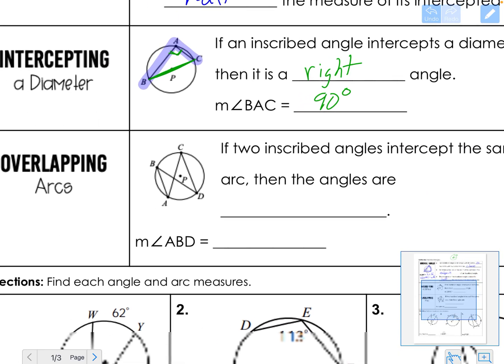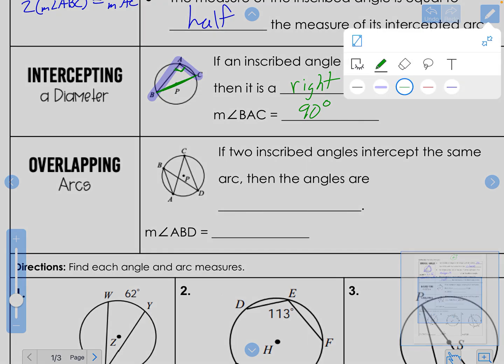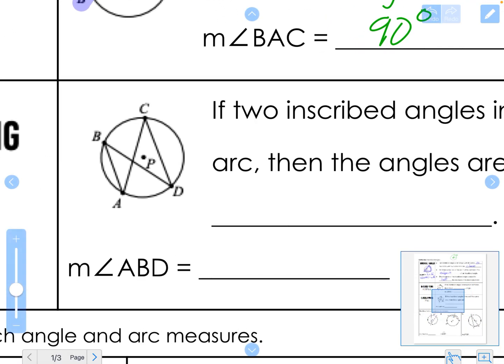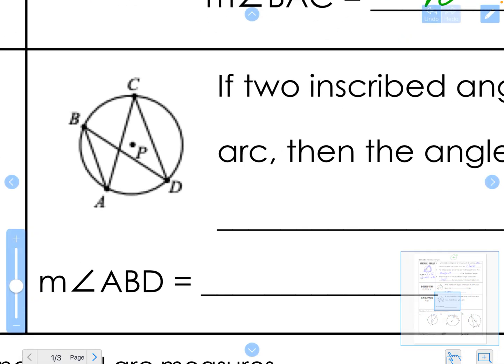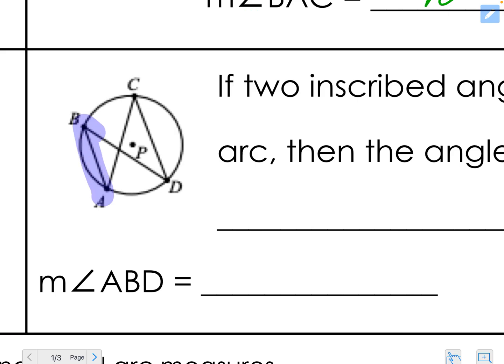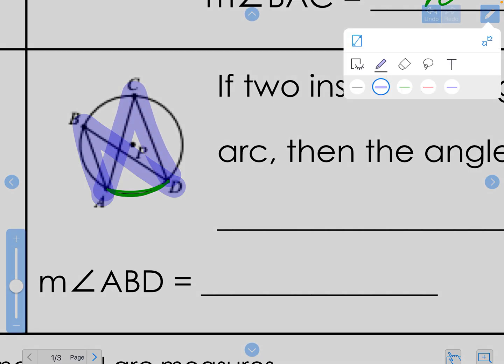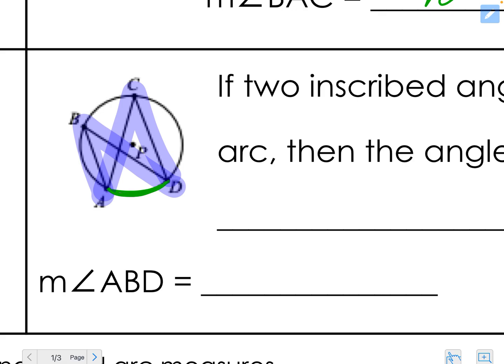And then our next rule is overlapping arcs. So again, I'm going to try to use this and highlight. There are 2 ways we can look at it. We can look at angle ABD, which gives us arc AD, and its overlapping angle is ACD, whose arc is still AD.